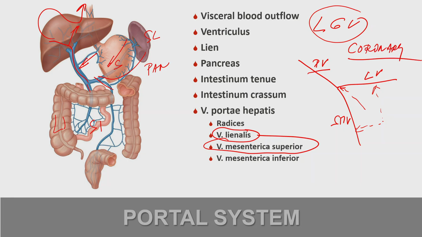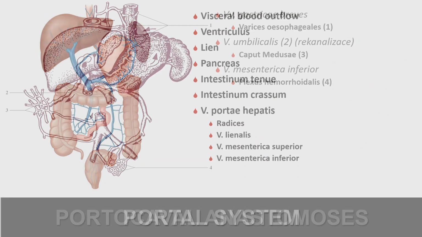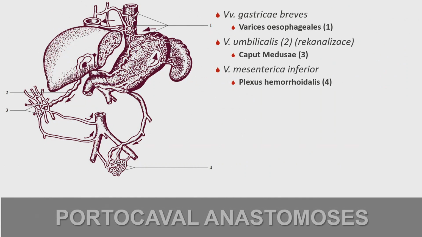The portal vein and portal system could have increased pressure. Increased pressure could be caused typically by diseases of the liver on the level of parenchyma, or on the level of the vascular system, or on the level of overpressure behind the liver.